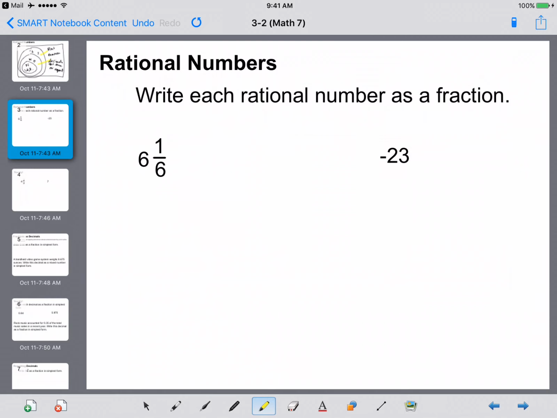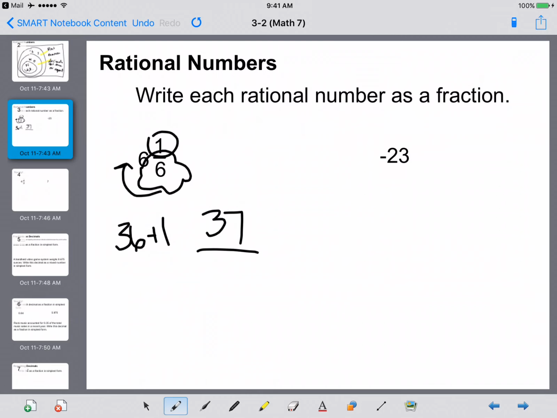So how you do that is you take your denominator times your whole number to get 36, and then you're going to add whatever's on top here. So we'll have 37, and then that's over whatever your initial denominator was. So 37 over 6 is the same thing as 6 and 1/6.